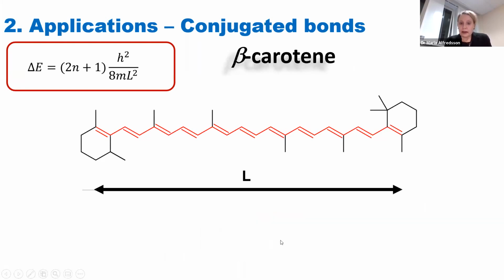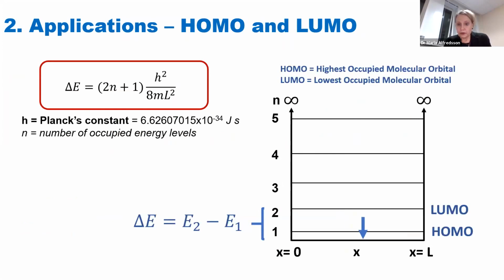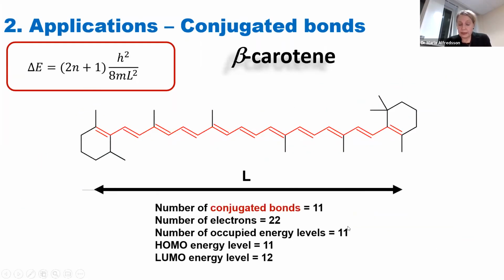If you remember what we did here, we always put 2 electrons in each energy level. So I do the same here. I can only have a maximum of 2 electrons in each energy level.